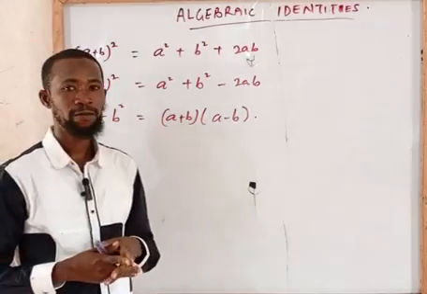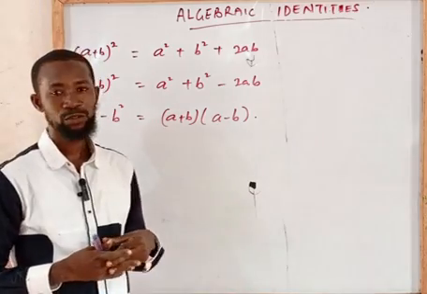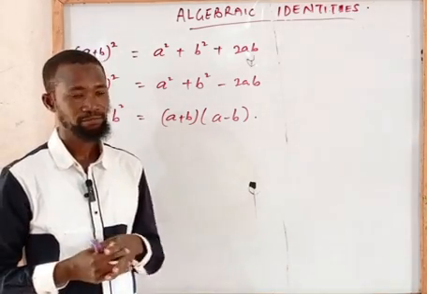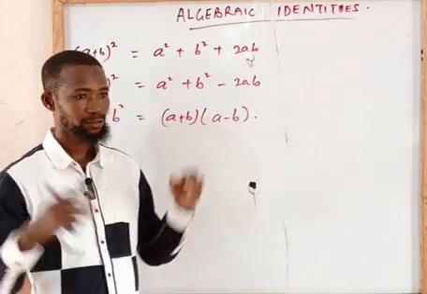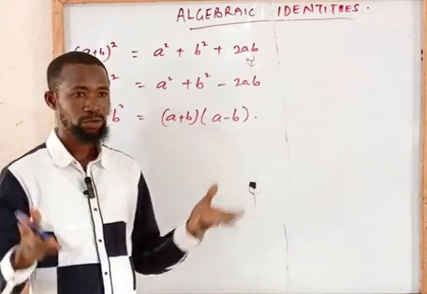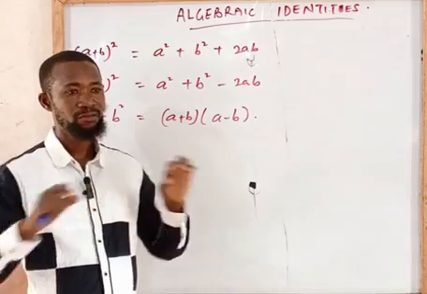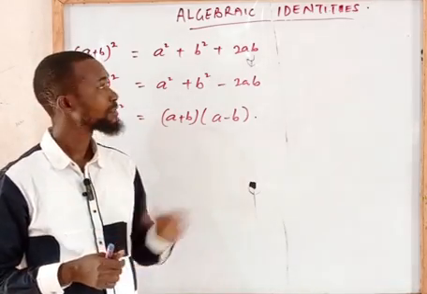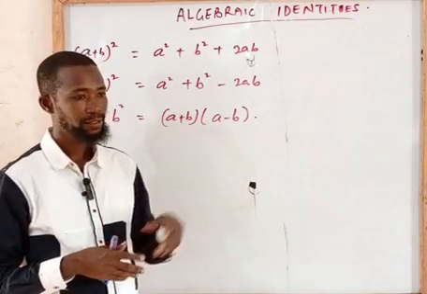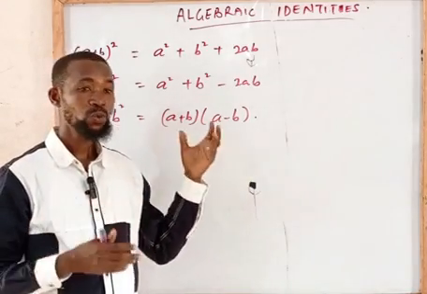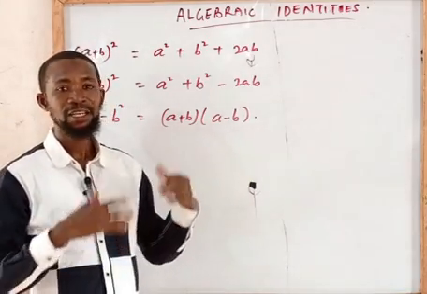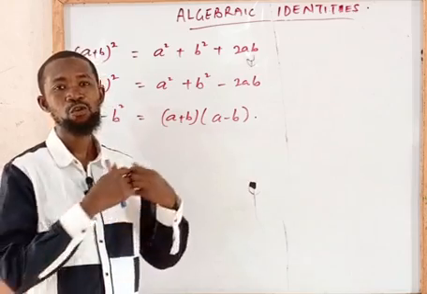So, towards the end of the last class, I introduced the concept of identities, or what we can commonly refer to as the algebraic identities, because when we view the way mathematics is structured, we have different categories of identities. As we have algebraic identities, we also have inequality identities. We also have trigonometric identities, and so many identities.